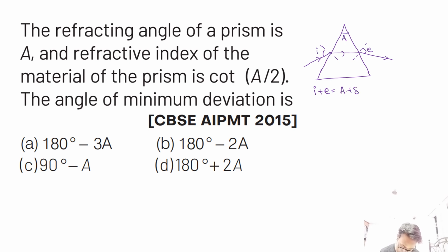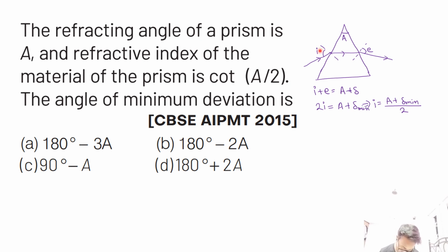This is one of the relations we arrived at before. For D minimum, I is equal to E, so I plus I is 2I, equal to A plus D minimum, or I is equal to A plus D minimum divided by 2.